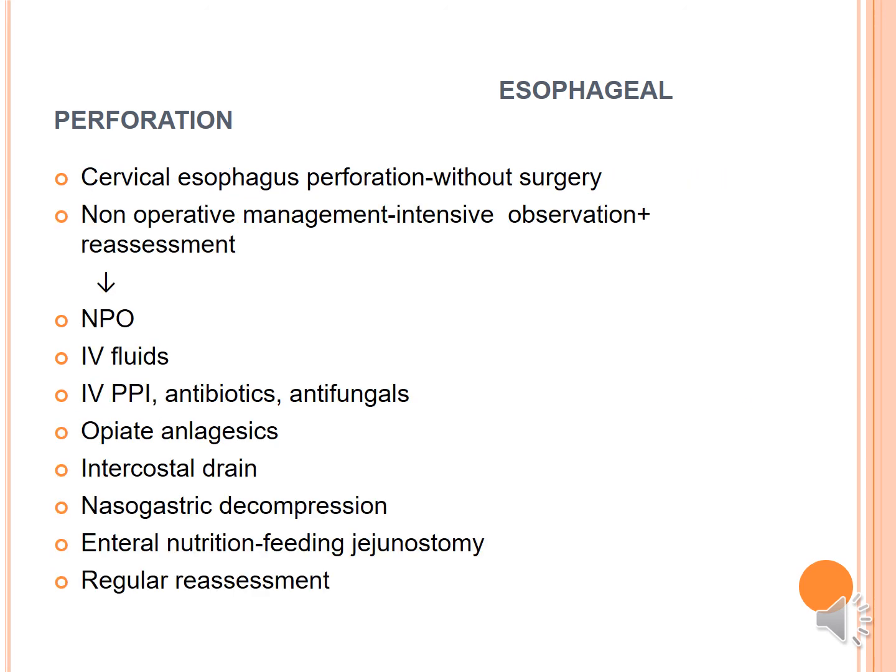Then, cervical esophagus perforation without surgery, non-operative management, intensive observation plus reassessment. Patient has to be nil per oral, IV fluids, IV PPI, that is the proton pump inhibitors, antibiotics, analgesics, intercostal drain, nasogastric decompression, enteral nutrition, feeding jejunostomy, and regular reassessment has to be done.